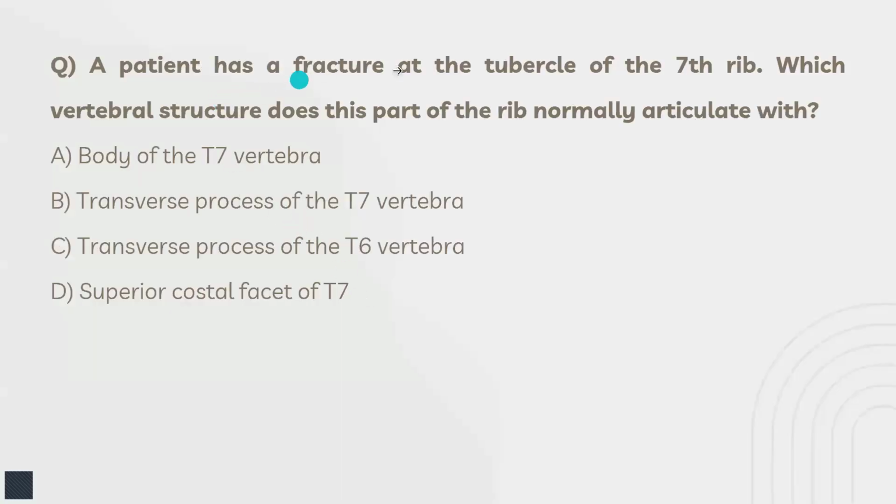A patient has a fracture at the tubercle of the seventh rib. Which vertebral structure does this part of the rib normally articulate with?